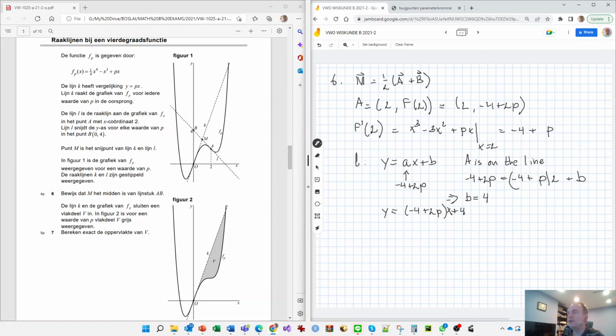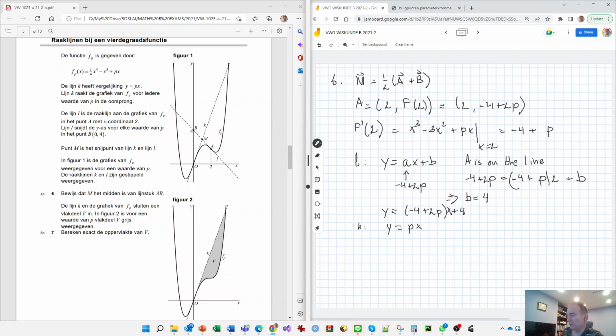I know what B is, I know what A is. So I can find M by saying that it is also on line K, and line K is already given. Line K is y equals px.